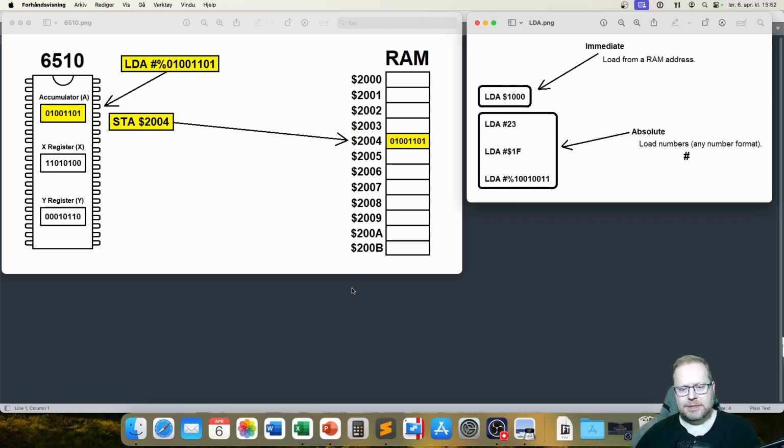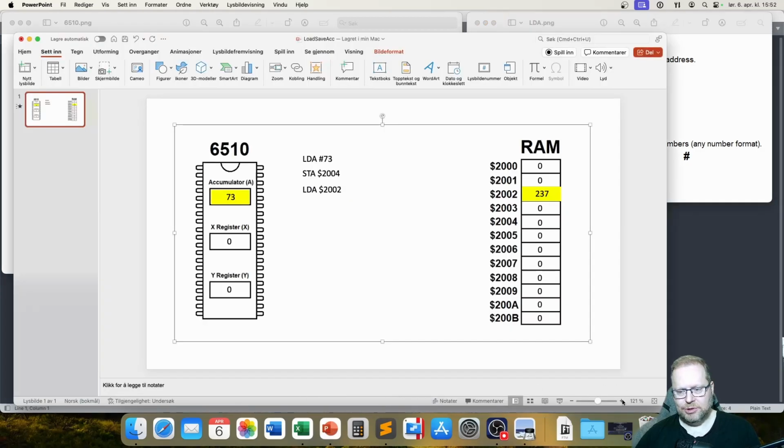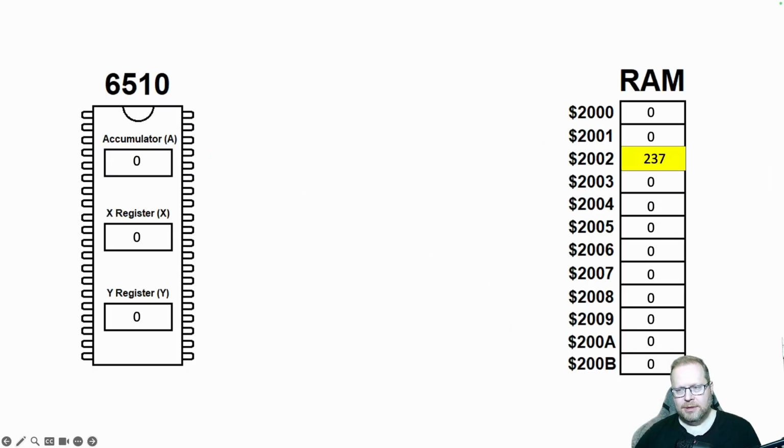So let's take a quick look at a demonstration. Here we have basically the same thing. We have our accumulator and there's a 0 in the accumulator, in the X register and the Y register. In the RAM it's almost just zeros, but at address 2002 there's a number 237.